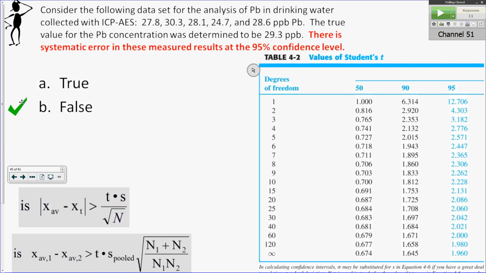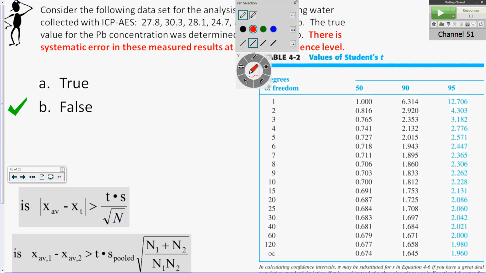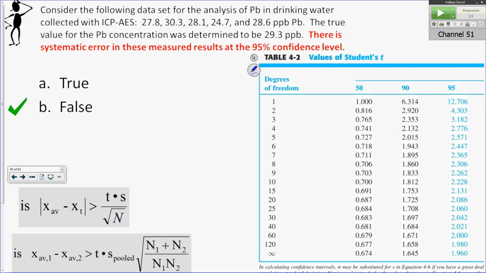I'm going to do this right quick. I've already calculated the stats on mine, so I'm just going to plug into the equation. Which equation are we using, the top one or the bottom one? Top one. We've got a true value and we've got our average in the data set.